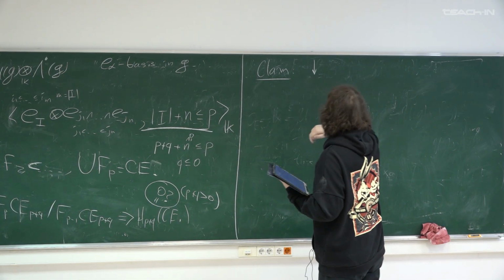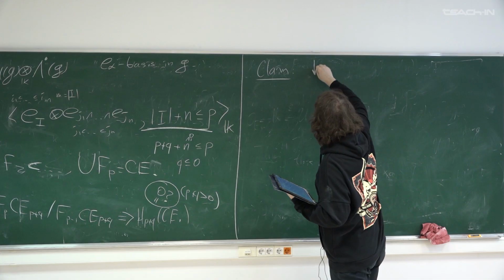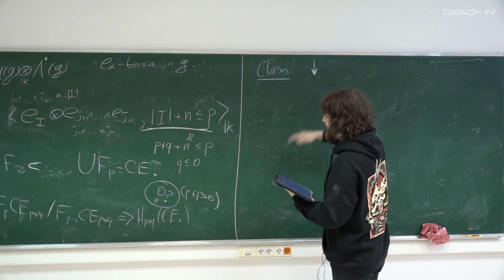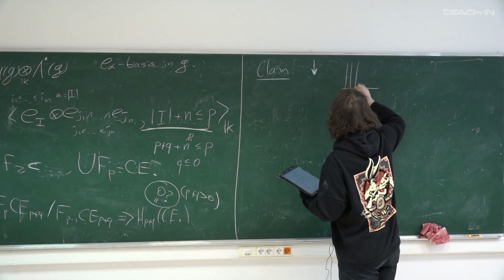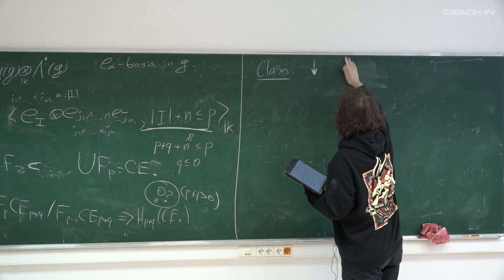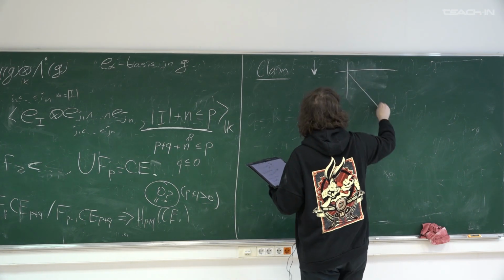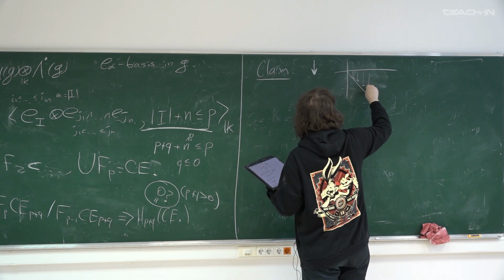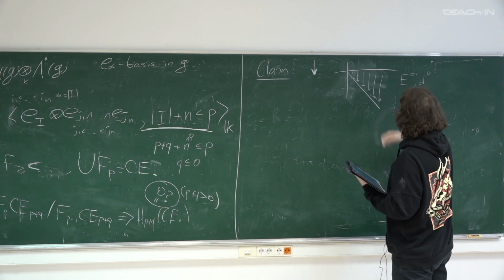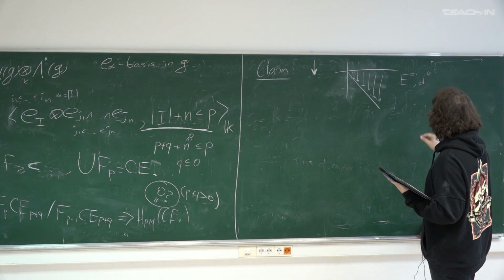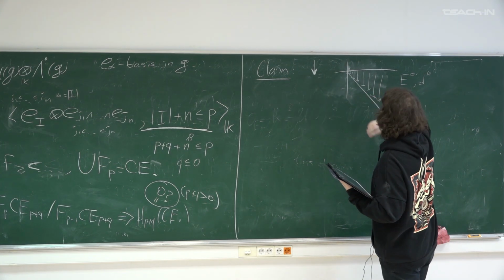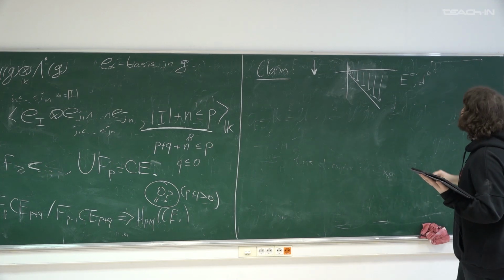Our claim is that these columns of the 0 page, sorry, they are in the second quadrant, are exact, with 0 differential. All these columns are exact, except for this 0, 1, where I have k without differentials. Okay, it's not exact, but all other columns are exact.